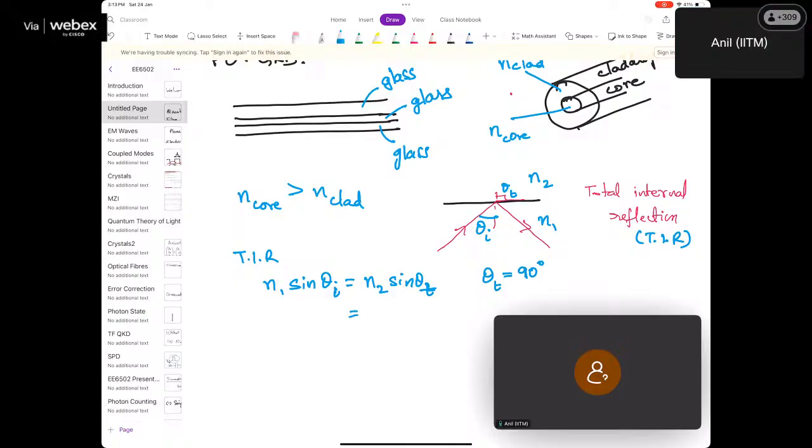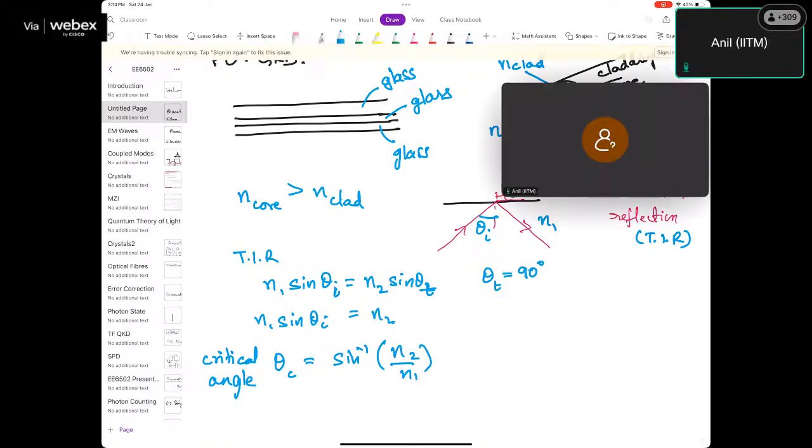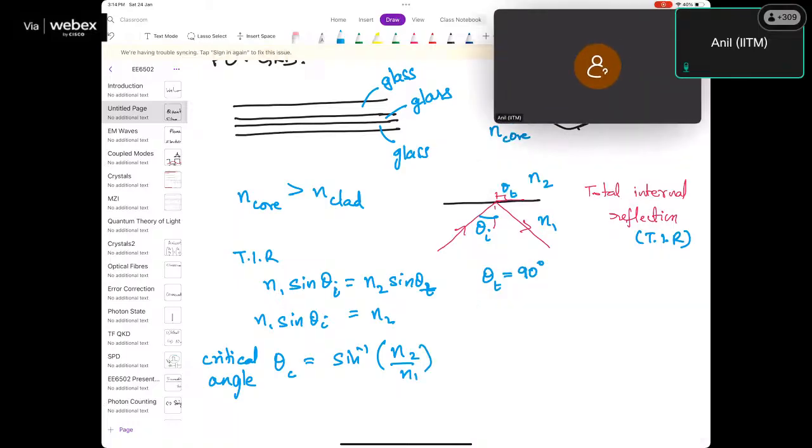So this equation just becomes n1 sine theta i is equal to n2. So I can calculate what is called a critical angle. Theta c is equal to sine inverse of n2 by n1. Now remember, n2 was less than n1. So n2 by n1 is less than 1, and you can take the sine inverse of n2 by n1.